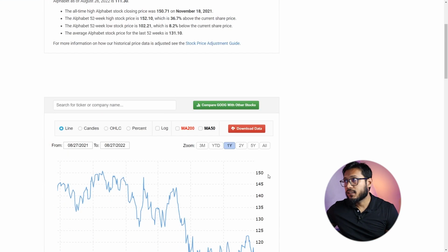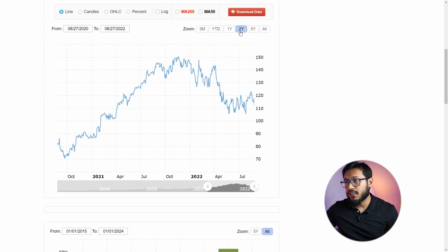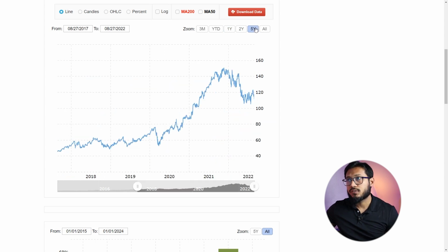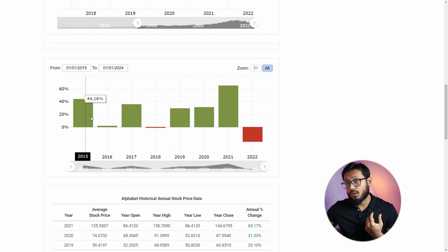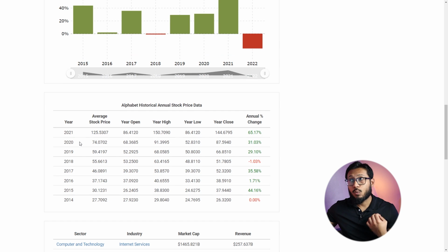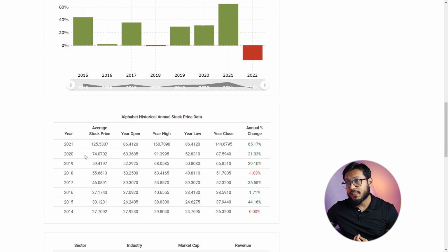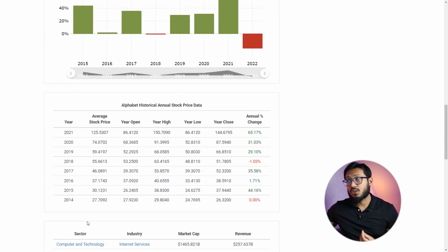If we look at the 2 years performance, 5 years, it has seen a lot of growth in the past couple of years. As we can see, in 2015, this stock saw a growth of 44%, then 1%, then 35%, and in 2020, it saw 31.03% growth, and in 2021, there was an annual change of 65.17%, which is absolutely huge.